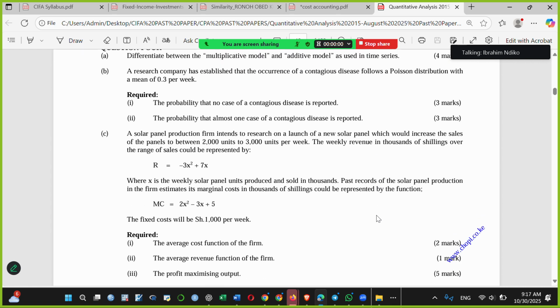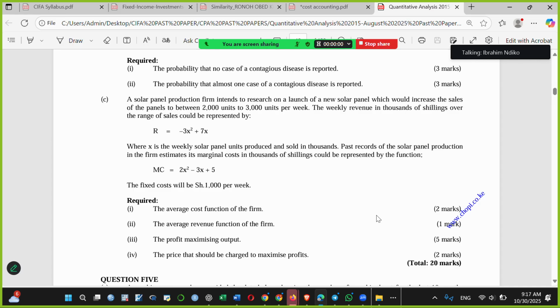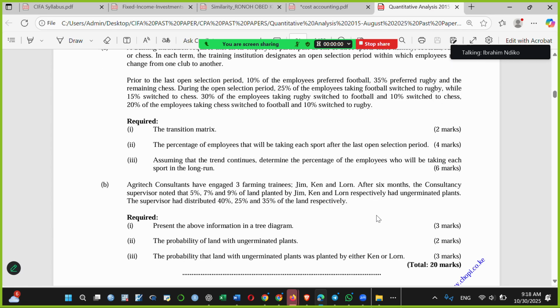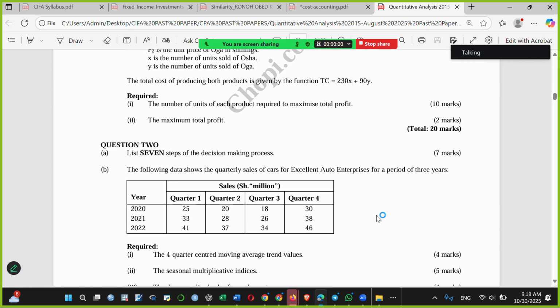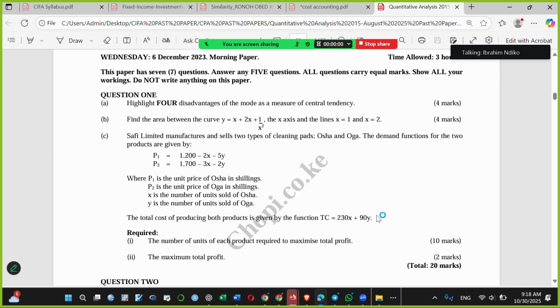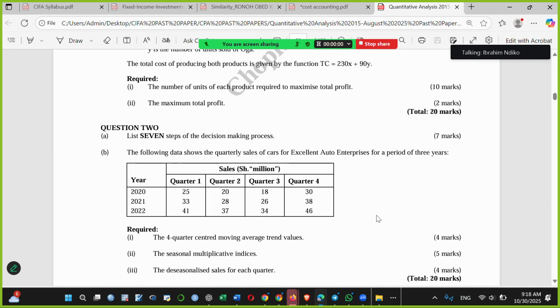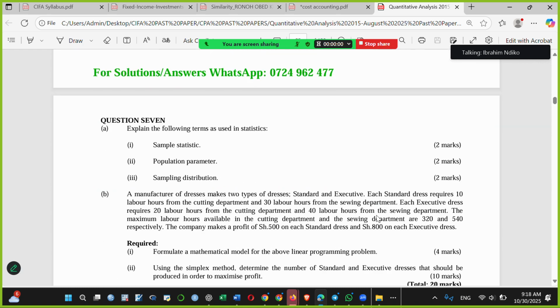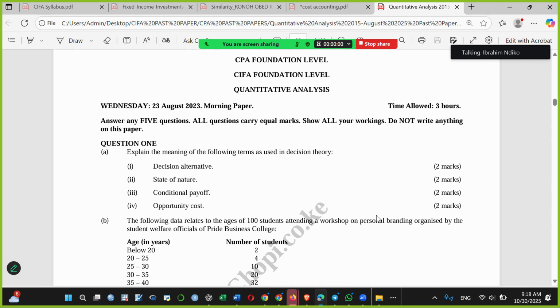You also have another one there, question number 4C. And then there's another one there, December 2023, 1B, 1C. And then those are enough. You can check the rest from the past paper. The past paper asks a lot of questions.